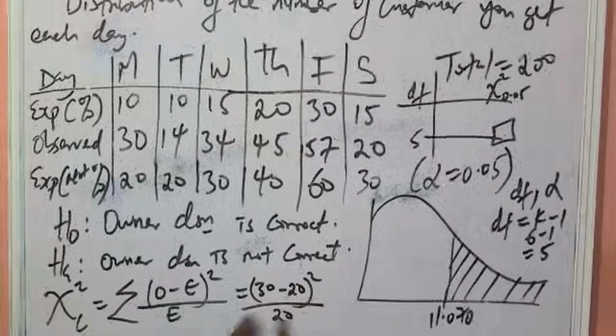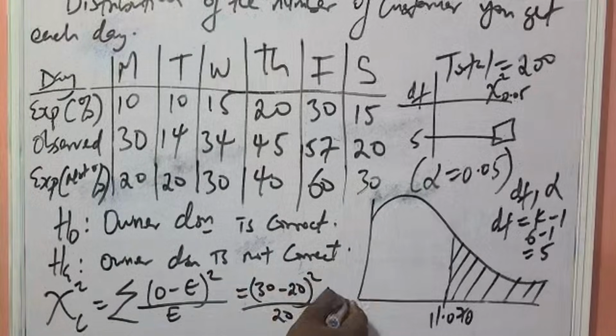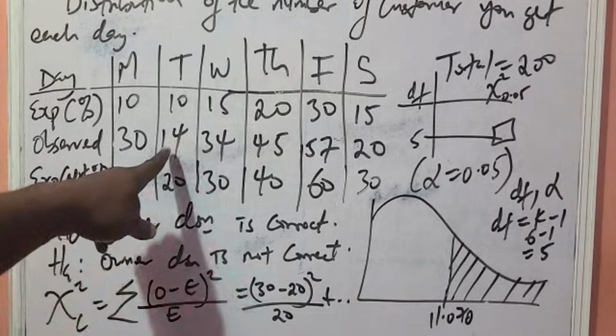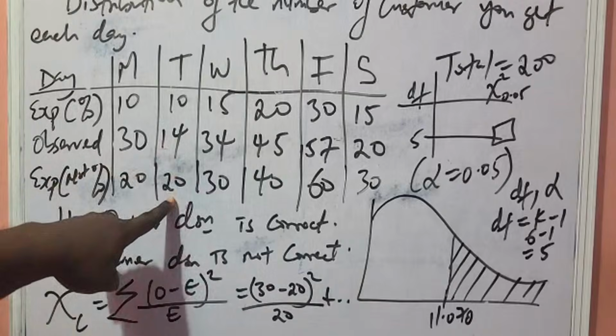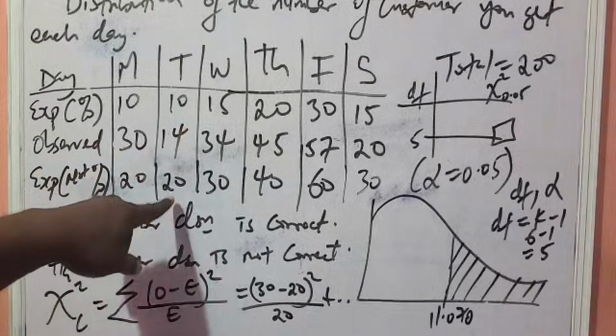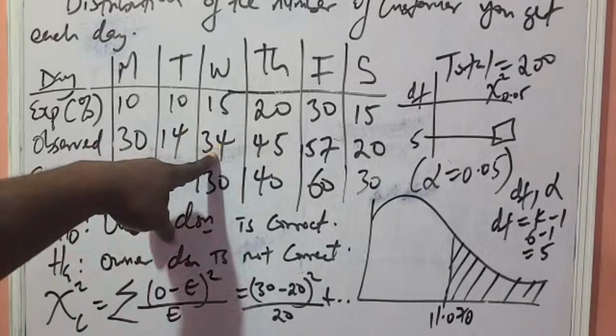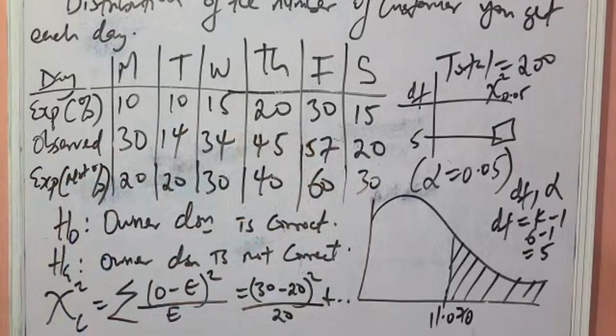Of course, you'll be adding that with every other one that you can see there. This one is 14 observed minus expected squared over 20 expected. This one 34 minus. So you have to do that for the whole 6 categories.